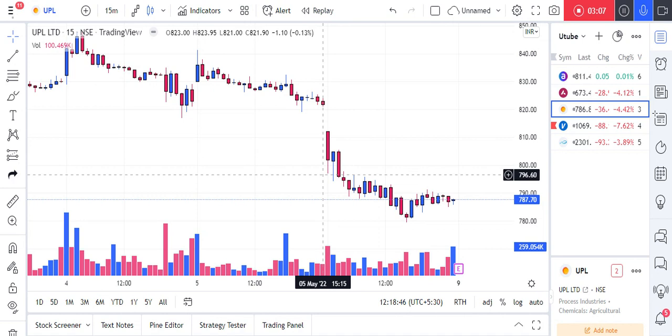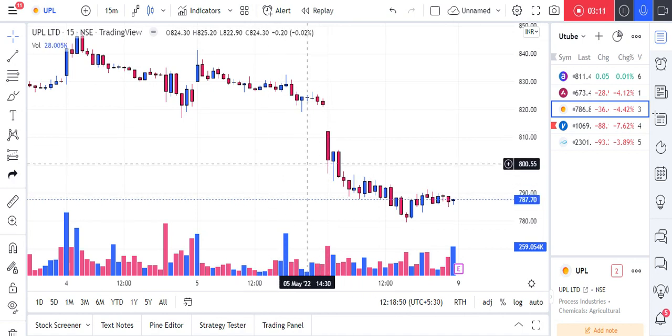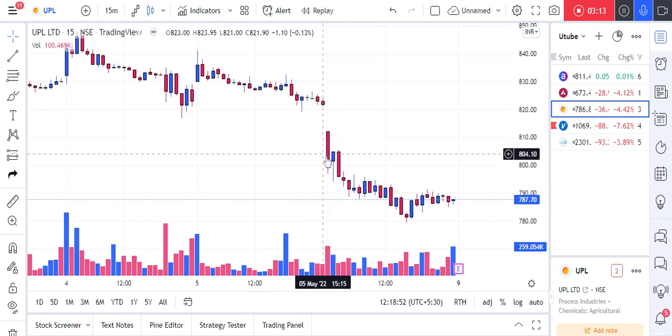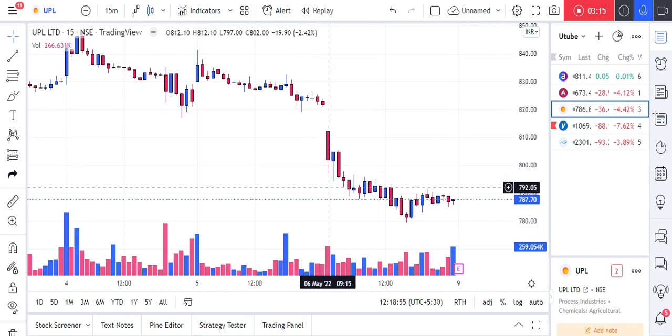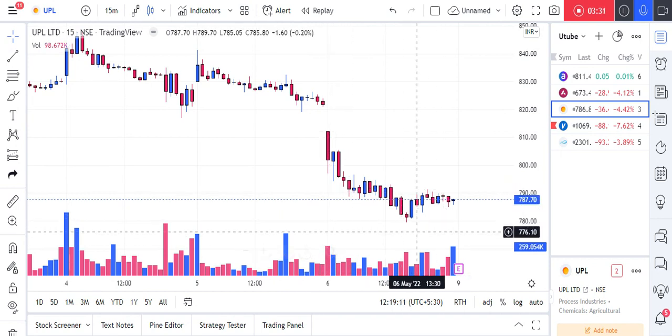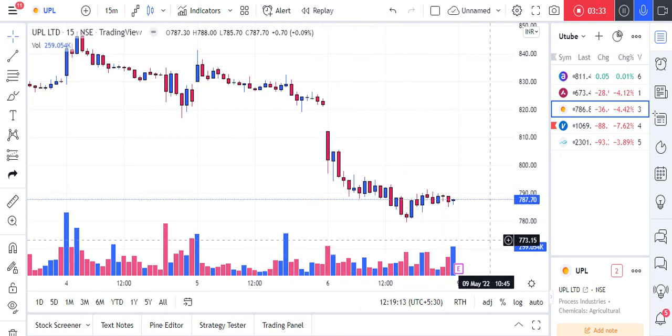But the candle's lower wick is small, so we can take this trade. Below this candle is our entry, the low is 797, so we can take entry at 796.9, and our stop is 812.10, and then it fell down, and we got to the target.